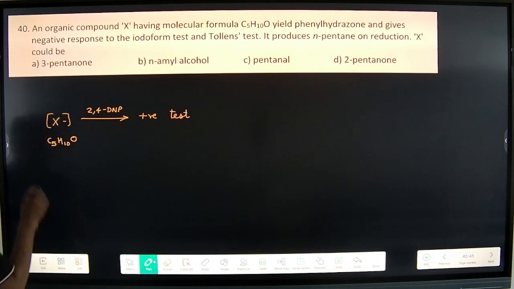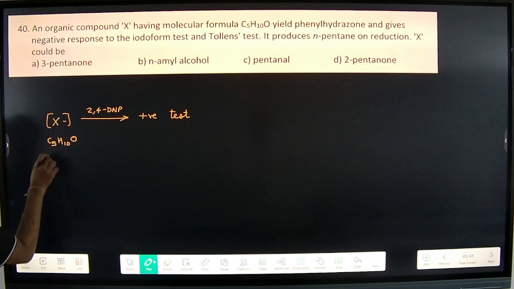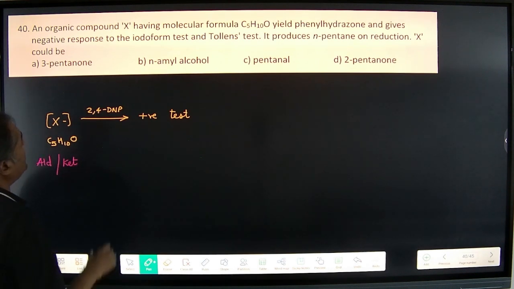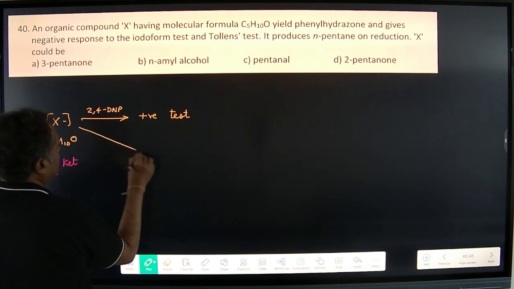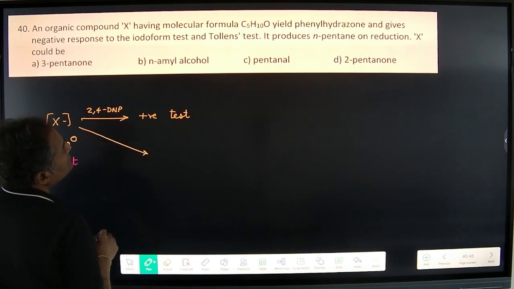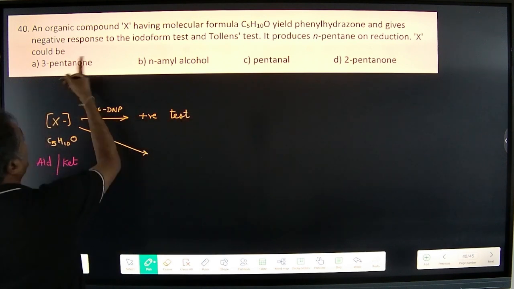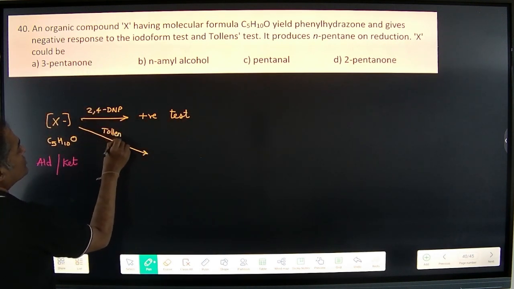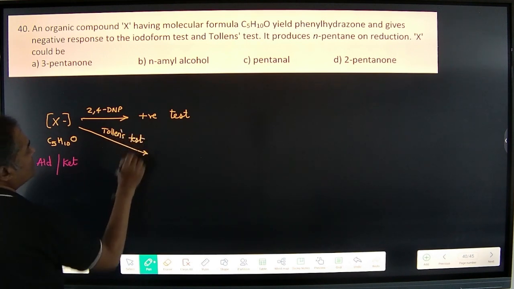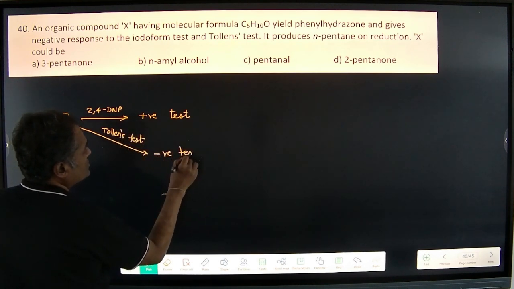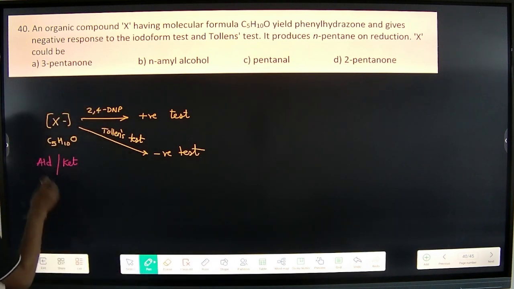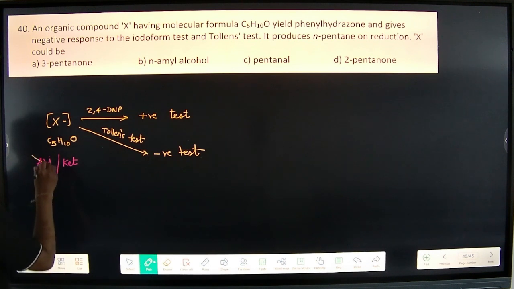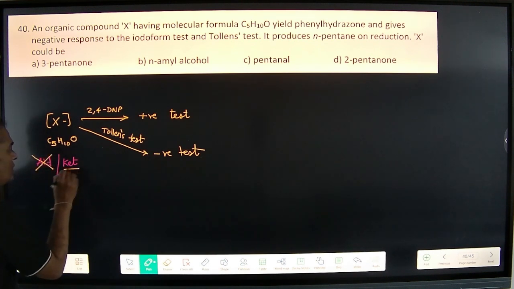That means confirm this compound has to be an aldehyde or a ketone. Point number 1 clear. Now, what they are giving? The next step, this compound X gives a negative response to Tollens test. That means this compound cannot be an aldehyde. That means this has to be only a ketone.